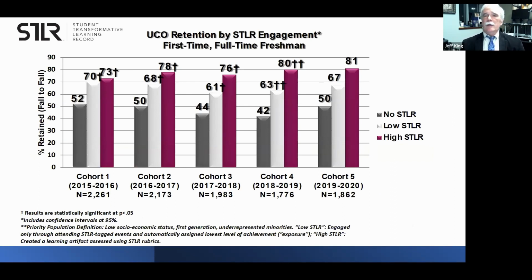I said I'd share some data with you. Here you see 5 years worth of data about the improvement in retention among students who engage with Stellar compared to students who don't. The difference between what you see as the purple bar, which is labeled high Stellar, and the silver bar, which is labeled as low Stellar, is that high Stellar engagements required and included a reflective artifact that was assessed by a faculty or a staff member.